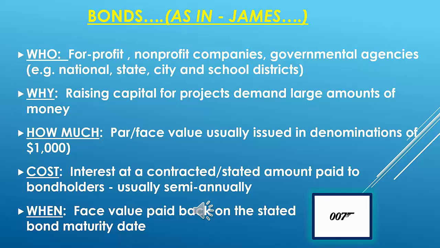So if you were to purchase a $1,000 bond from Caltrans, Caltrans is going to set it up such that you get interest payments paid to you every 6 months. And then you'll also get your $1,000 back at the end of the term, however long that bond has been issued for. So there's usually a contracted rate, a stated rate that's on that certificate, and you'll get that money back at the end, in addition to all the interest along the way. So it's kind of cool.